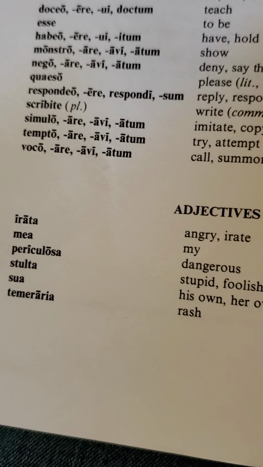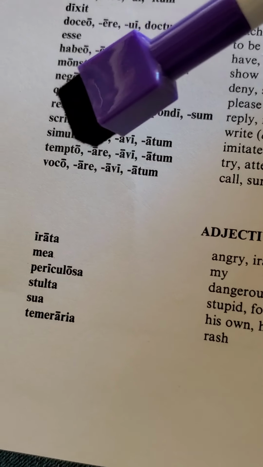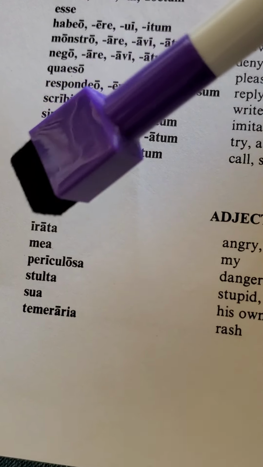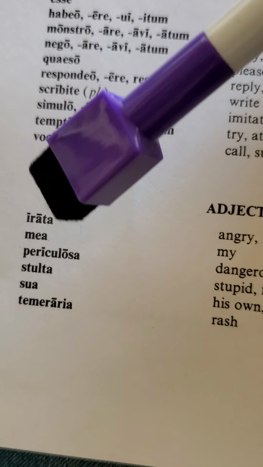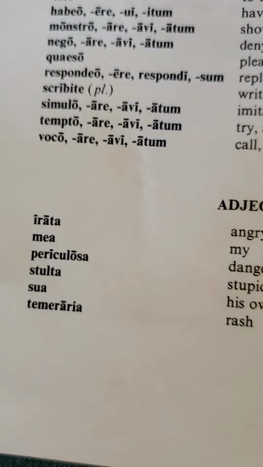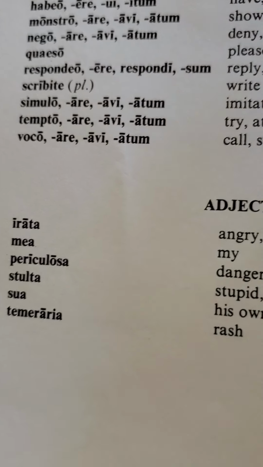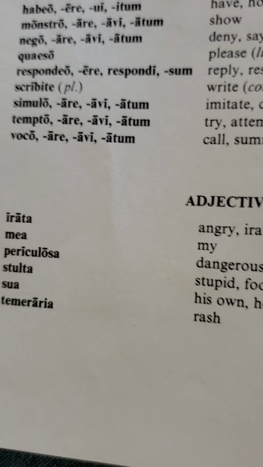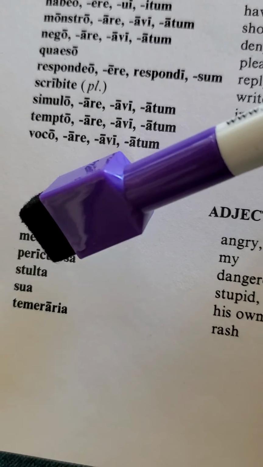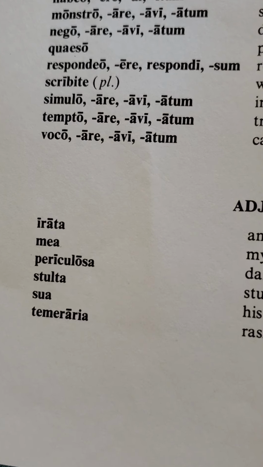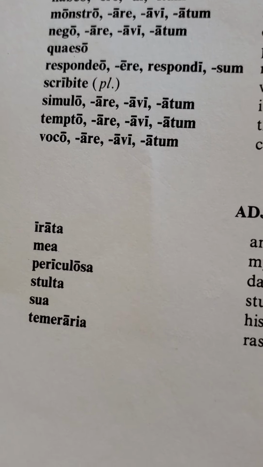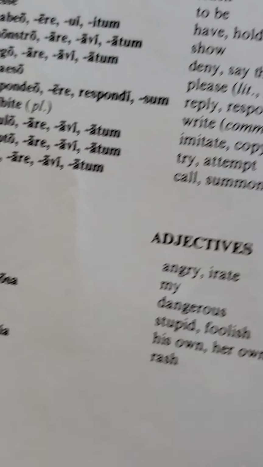Then we have adjectives, which are going to modify the nouns. Irata, mea, periculosa, stulta, sua, temeraria, one of my favorite words, rash. Well, stulta, stupid, that's pretty fun too. And those are going to match the nouns that they modify.